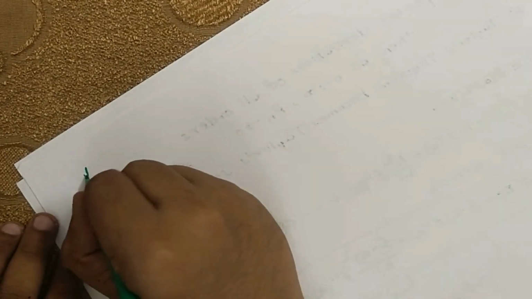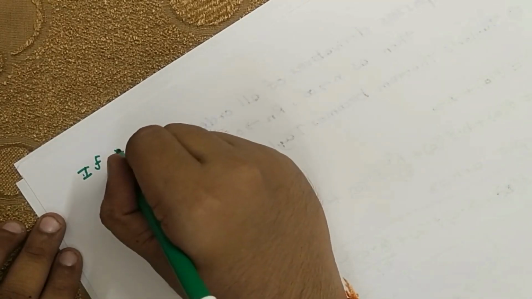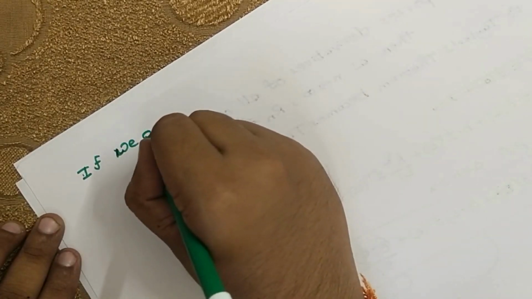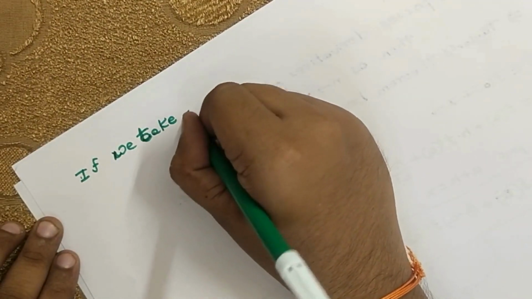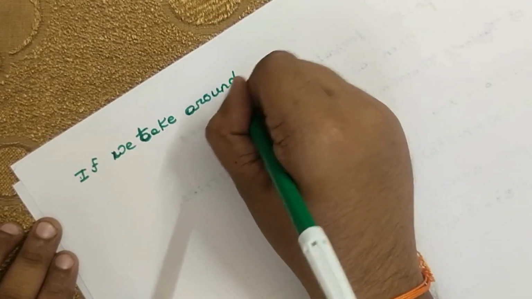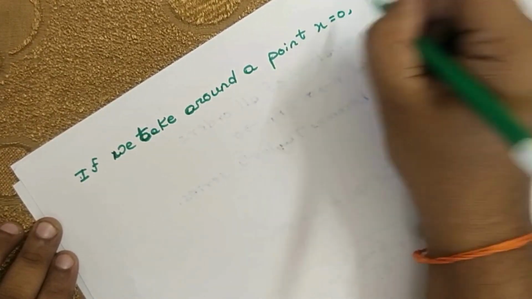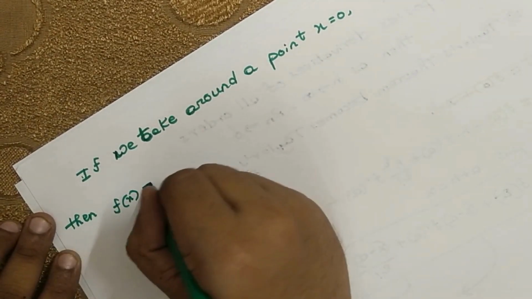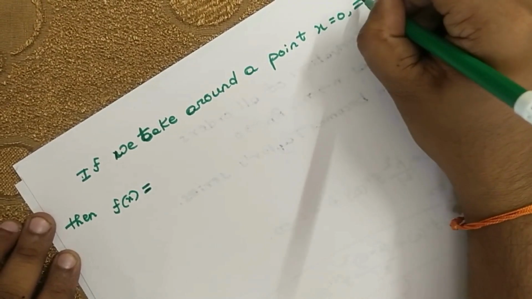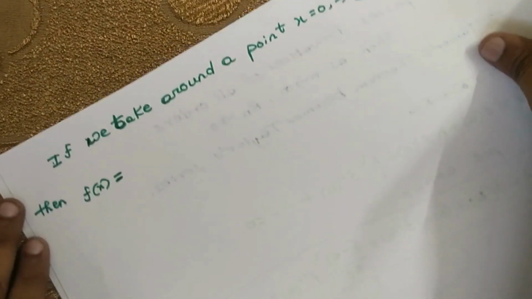If we approximate around a point x is equal to 0, then x is equal to 0 implies a is equal to 0, right?